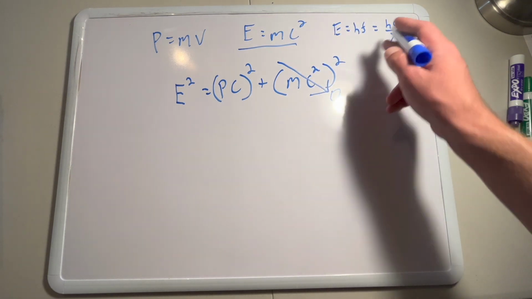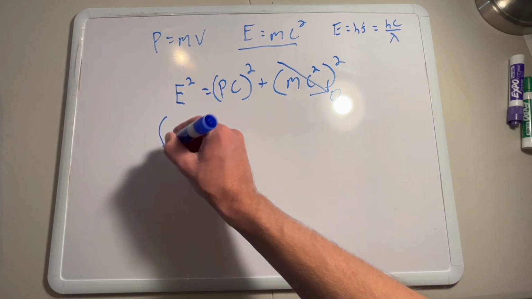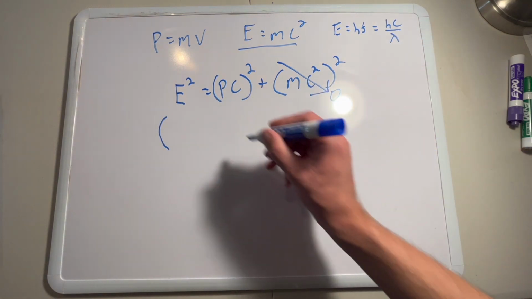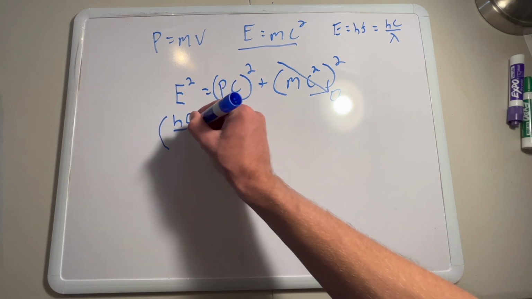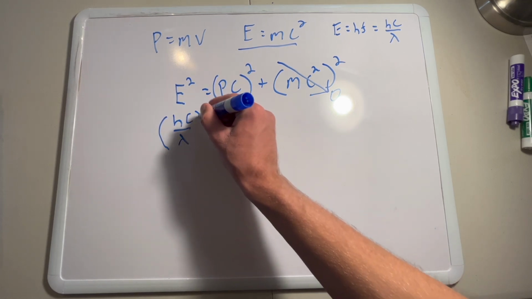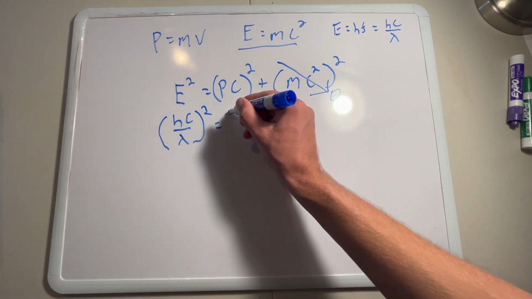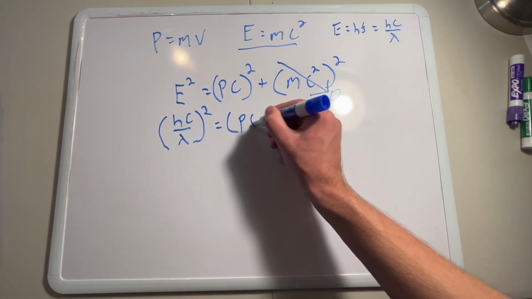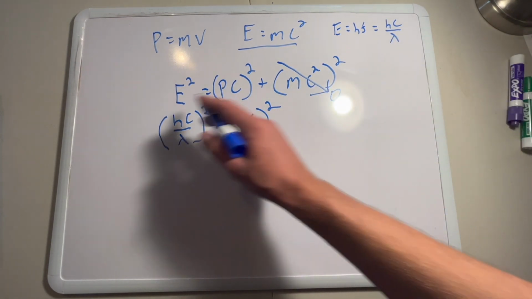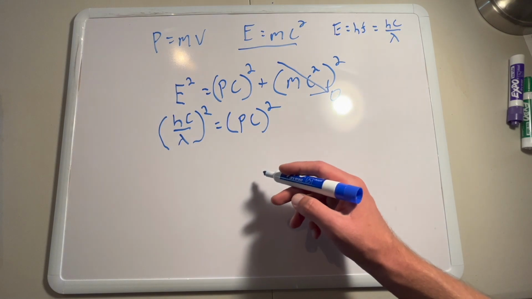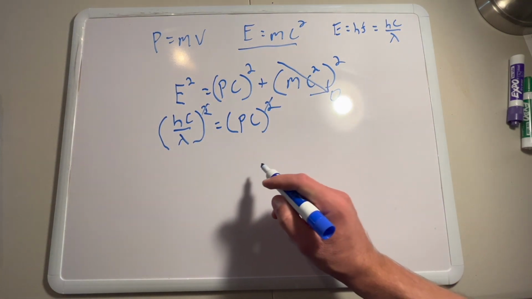So we'll go ahead and plug in the energy on this side. So now we have, and let's go ahead and use wavelength, (hc over lambda) squared equal to (momentum times the speed of light) squared. And then you can just take the square root of each side, so those go away.